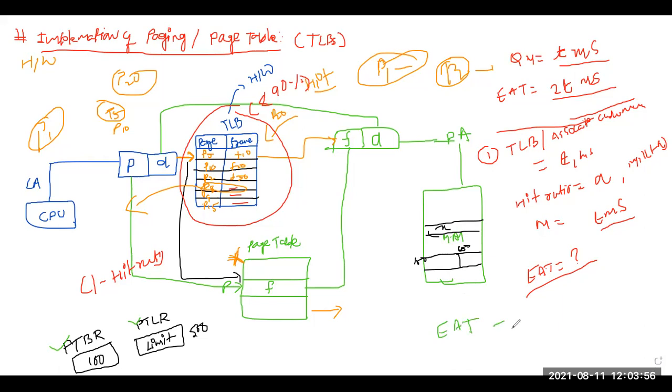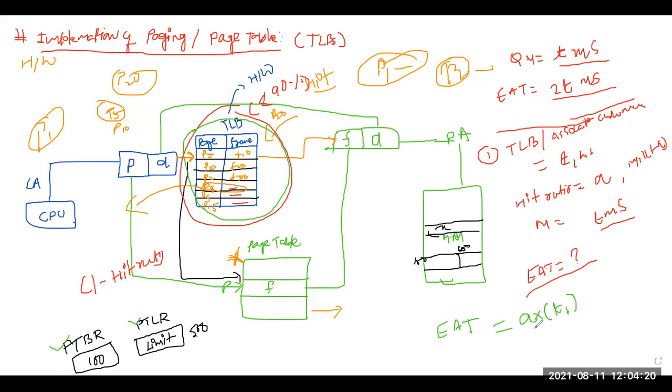If the page you are finding is found right here, then what is the access time? Now it will be TLB hit ratio A, okay? TLB hit A means the data you needed, where did you find it? In the TLB. That means the TLB access time. So what is the access time of TLB? It is T1. Yes or no? This is my TLB.